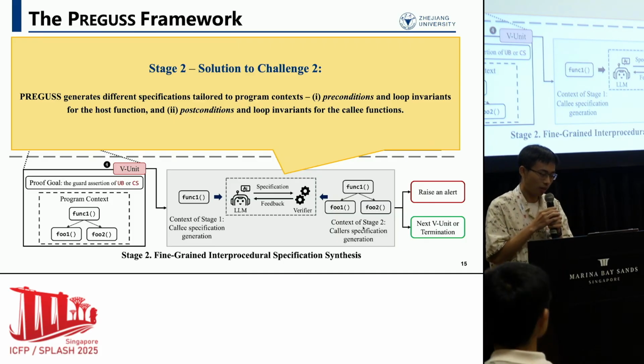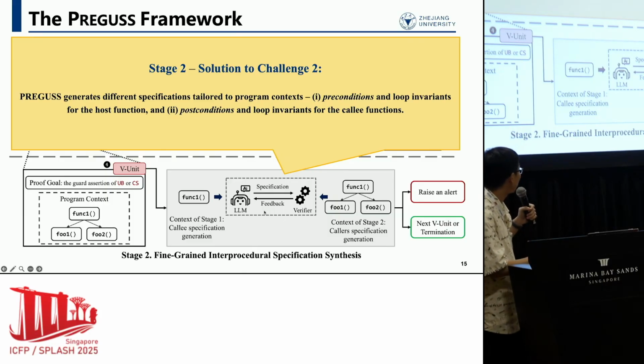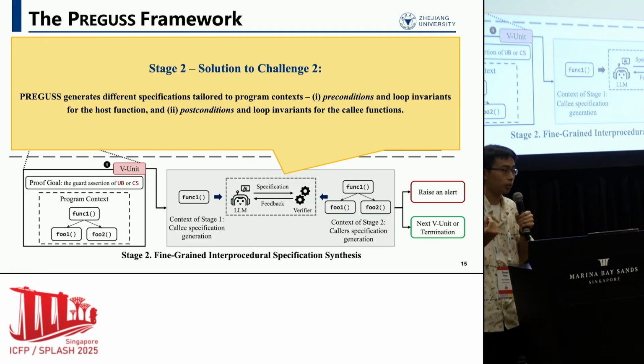Yeah, there are many details during stage 2, because if a candidate fails, then the verifier will return its feedback, such as proof obligation and the verification condition. Then you can use this information to ask the LLM to write stronger specs. Yes. And you can use a chain of thought.